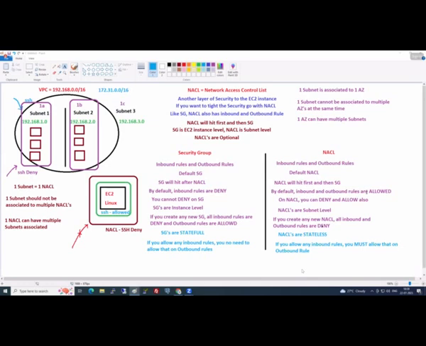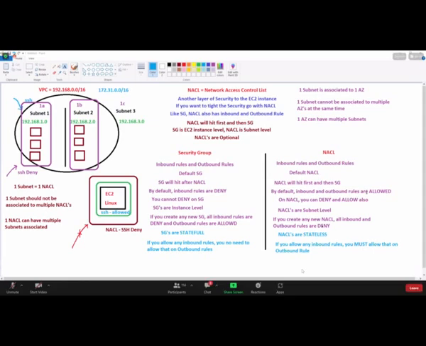Clear? Any questions? Everyone understood? A difficult topic in the easiest way. Any questions?